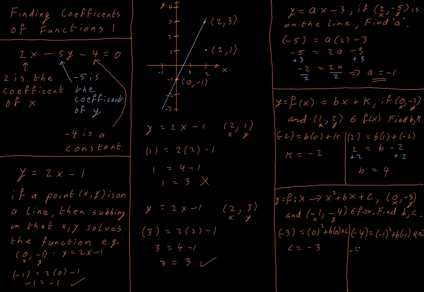So I have -4 is equal to -1 squared. -1 by -1 is going to give me plus 1. -1 by b is going to give me -b and -3. And then I rearrange my equation. I have like terms here. So I can have -4 is equal to -b minus 2.